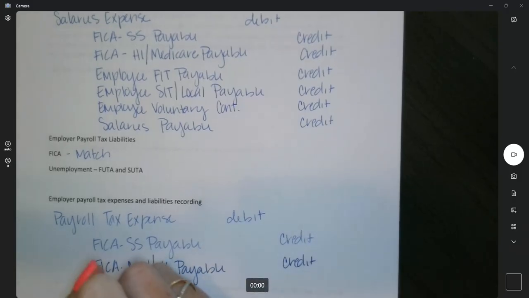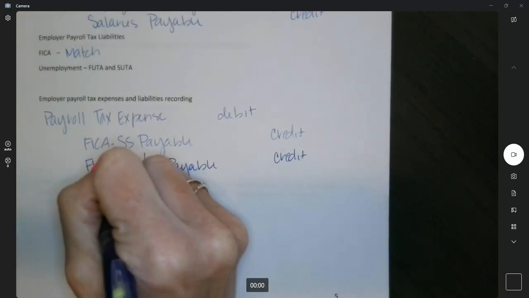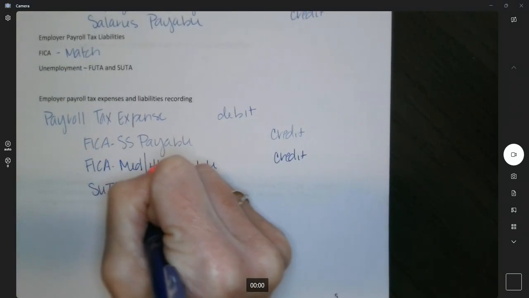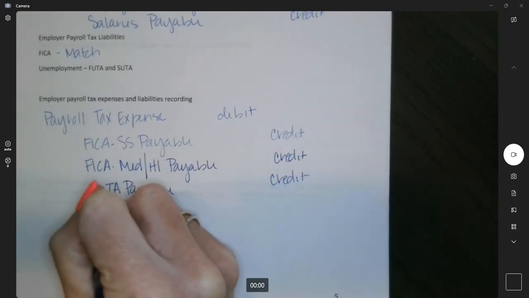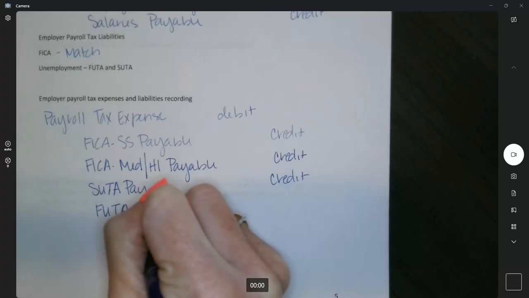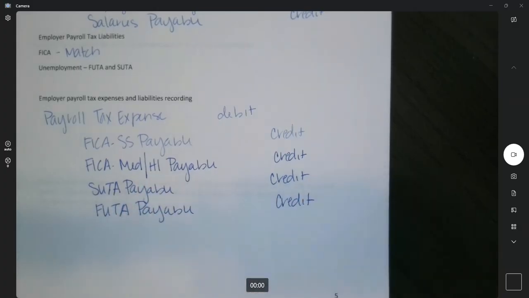We're going to include state unemployment tax payable, so that's SUTA payable, and federal unemployment tax. Those ones are all going to add up to the debit. So unlike the one with the payroll expenses, the payroll tax expense is just levied on the employer and they just have that liability. We're going to look at an example on the next page.